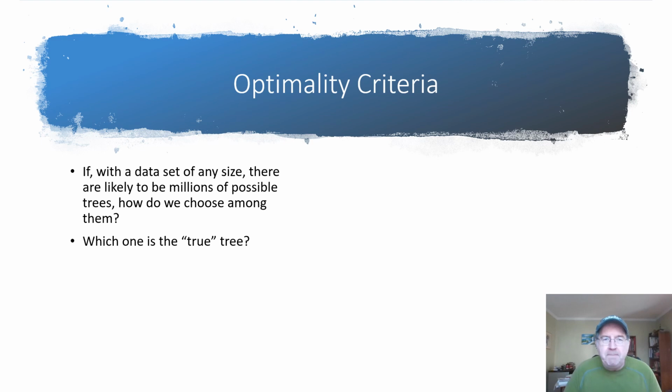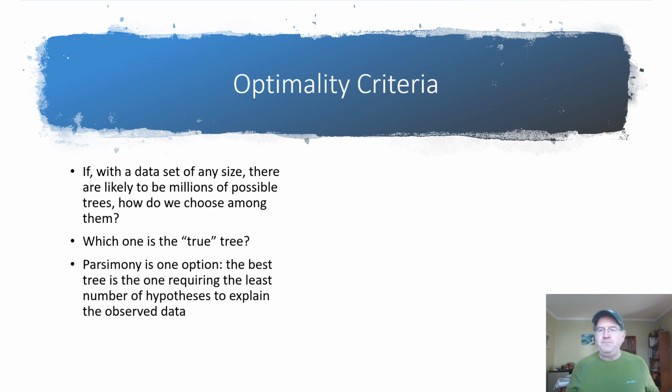How do I choose amongst them? Which one is the best tree? There are different criteria by which to measure best. And I'm going to talk about two of them in the remaining time on this video.